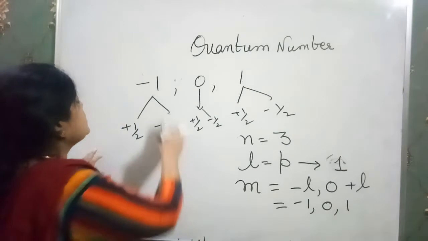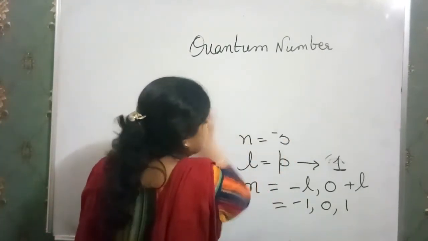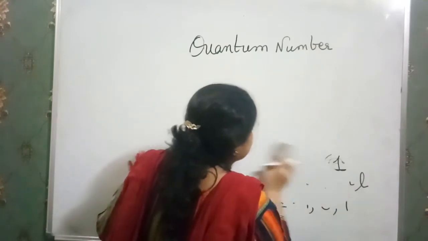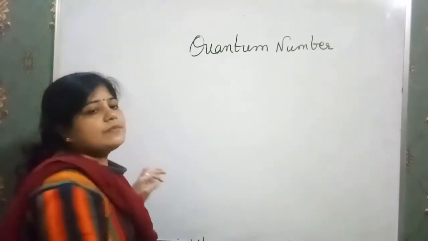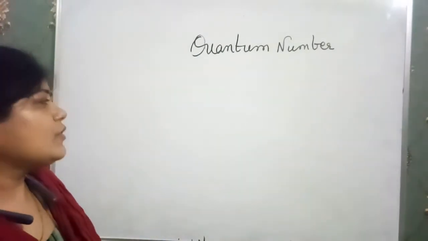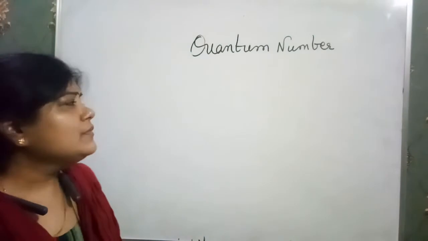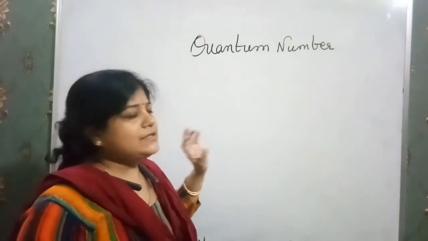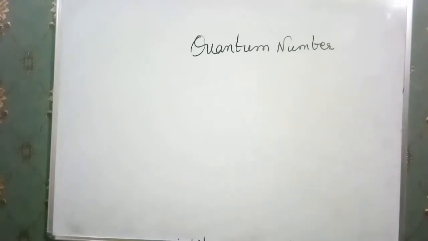Another type of question is given in our book, where the 4 sets of quantum numbers are given, and they ask whether the set of quantum numbers is permissible or not, whether it is correct or not, or which set is the right set of quantum numbers. I am just taking one example, and from that example I will try to explain the concept.